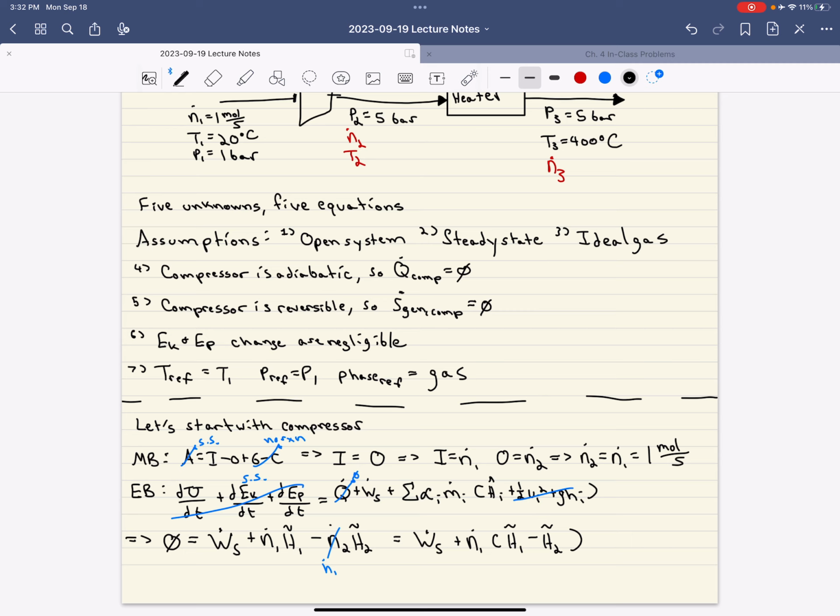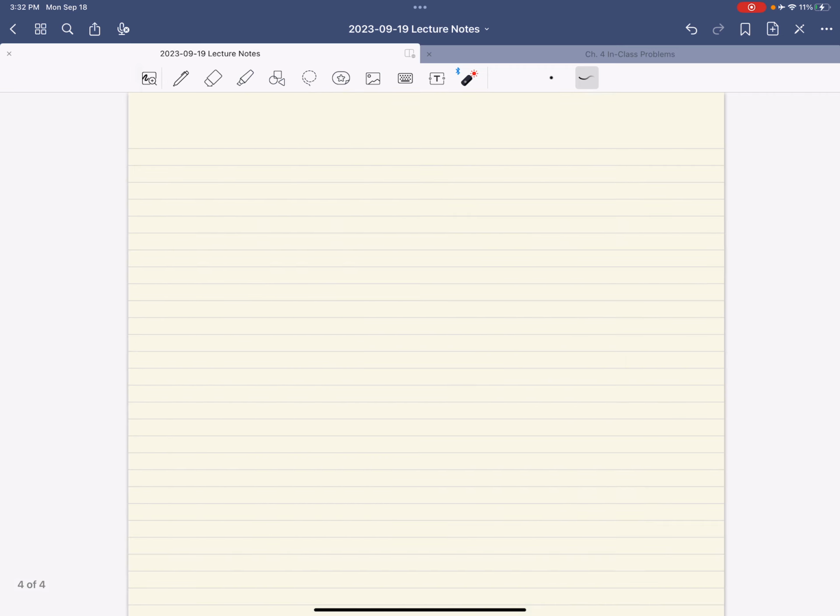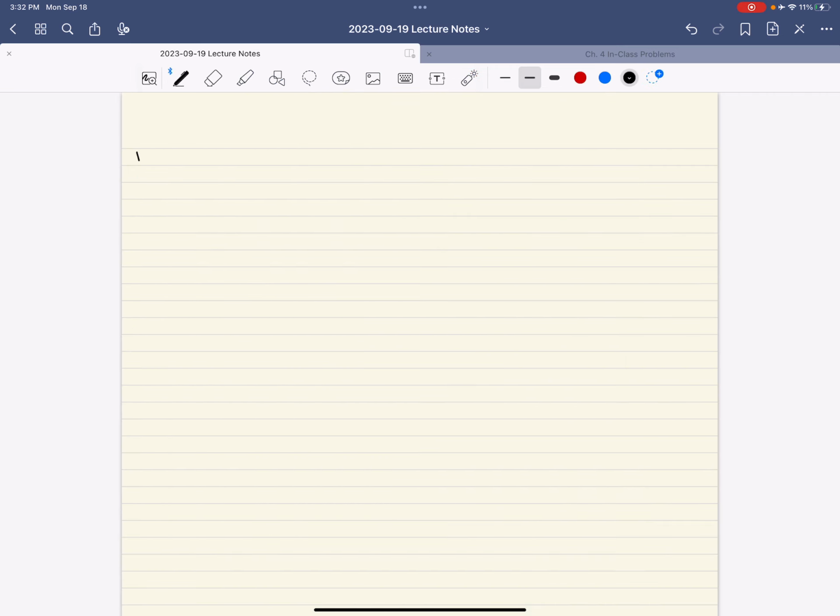In the end, what we want is the temperature of the stream coming out of the compressor. In this energy balance, we relate it to temperature through our enthalpy terms. Based on the definition of enthalpy, the enthalpy is related to temperature through the constant pressure heat capacity, integrated from Tref to the temperature of the actual stream.